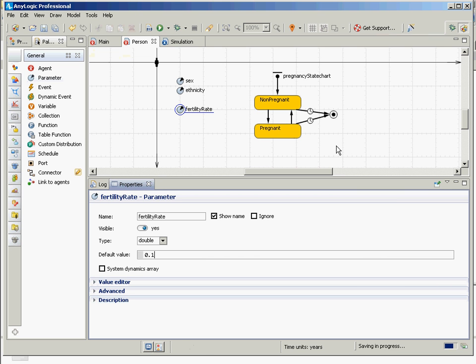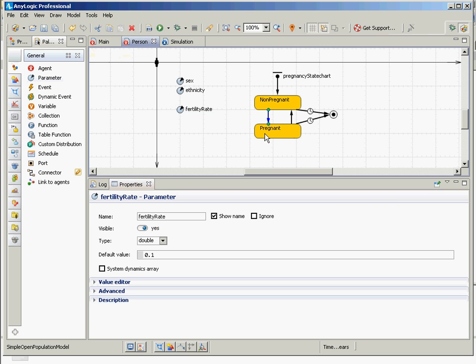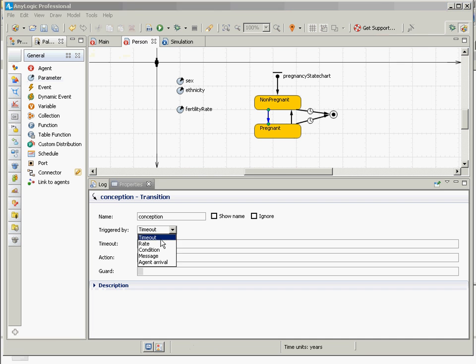They'll go from a non-pregnant to a pregnant state with a rate given by the fertility rate, but there's going to be a guard. Who's allowed to be pregnant in this model? Only women. We could do the age thing, but we'll do that in a little bit if you want. The guard is sex has to be female. In other words, they have to be female in order to become pregnant here.